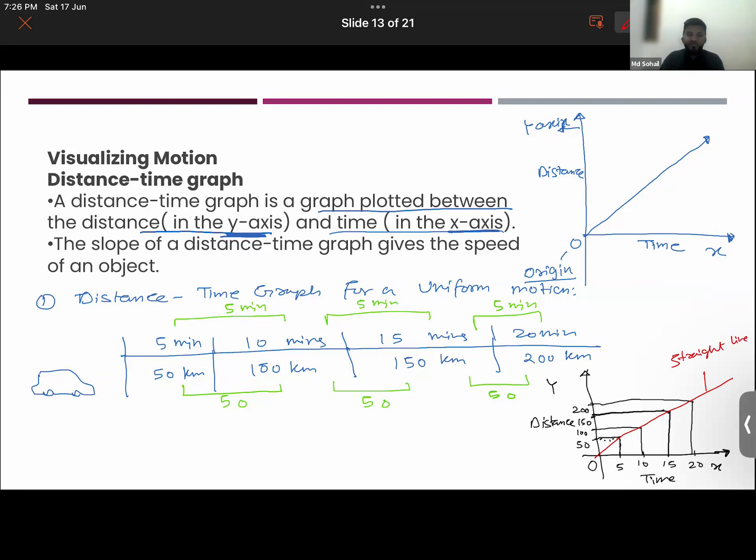This straight line actually shows you a uniform speed. So we say that the distance-time graph of an object moving with a uniform speed is a straight line. That is the conclusion about the distance-time graph for uniform speed.